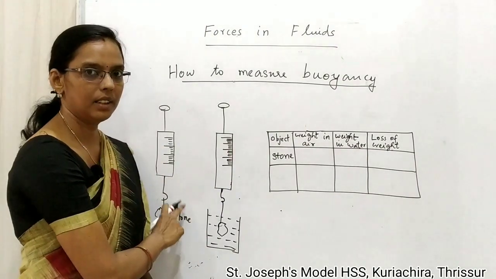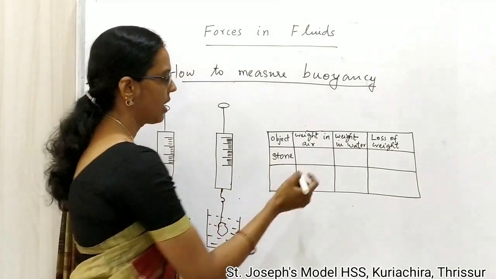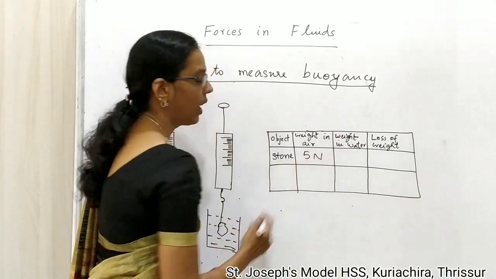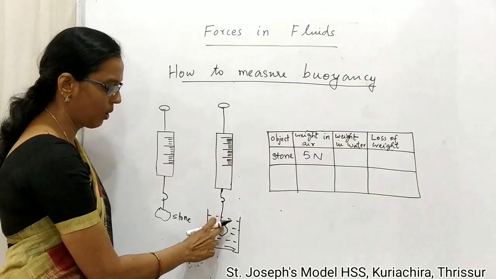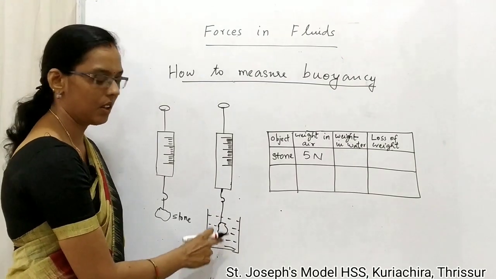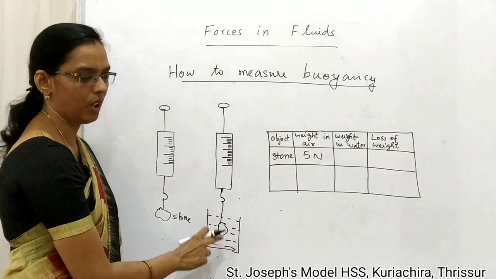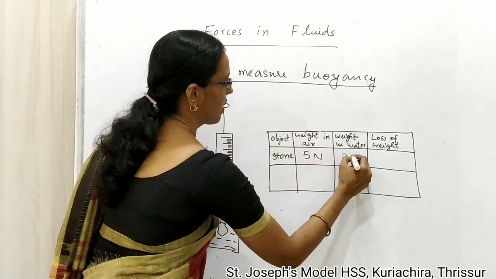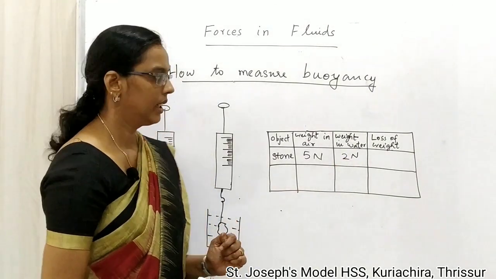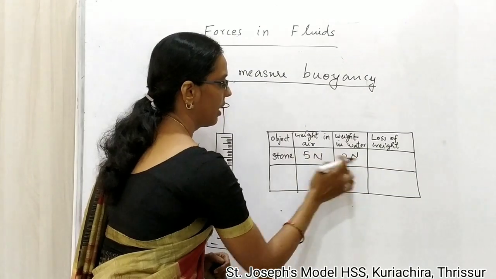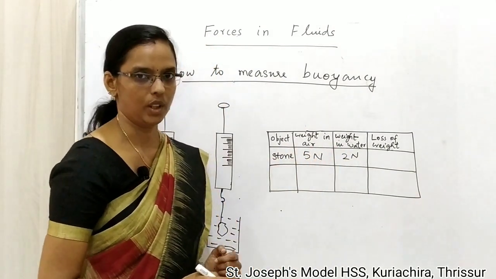So if you weigh this stone using a spring balance, then in air, say you got 5 Newton. Then weigh the same stone inside water in such a way that the stone is completely immersed in water. Say the weight in water is 2 Newton. Then there is a difference in the weight of the same stone in air and in water.